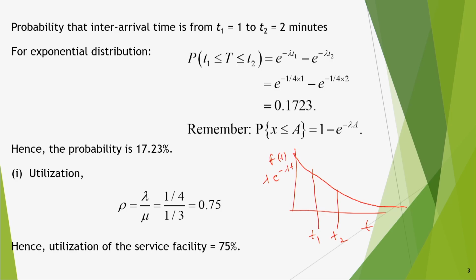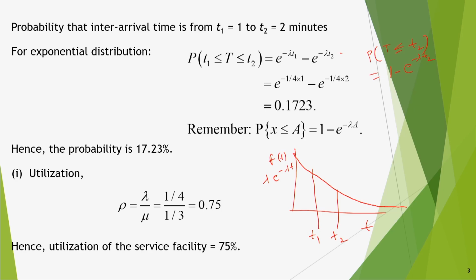Suppose T1 would have been 0, then the probability that time is less than T2 is basically 1 minus e to the power minus lambda T2. This term would have become 0 and this becomes 1 minus e to the power minus lambda T2. Because time is always greater than 0, P(T < T2) is equal to 1 minus e to the power minus lambda T2. That type of thing comes.